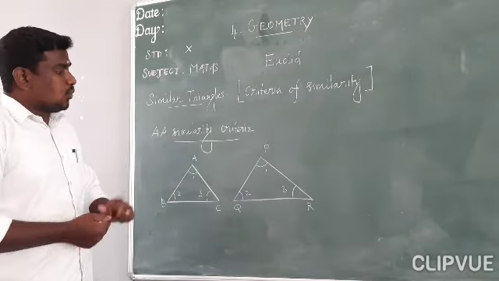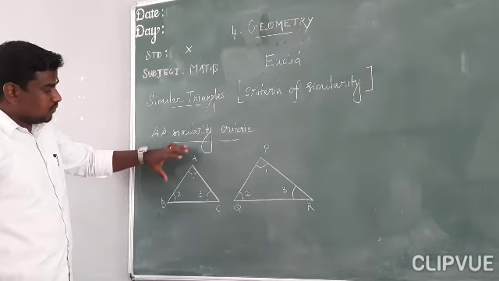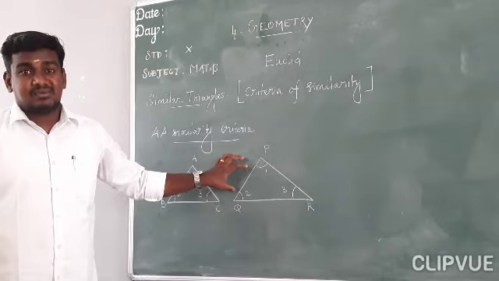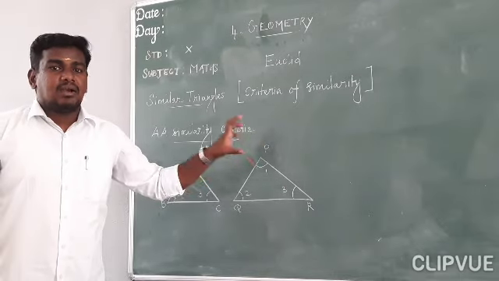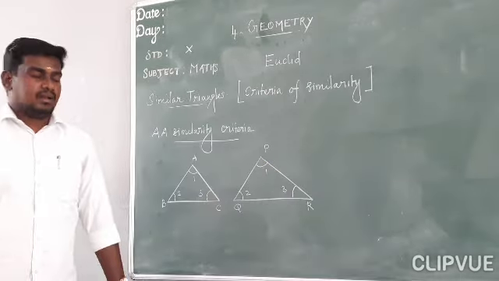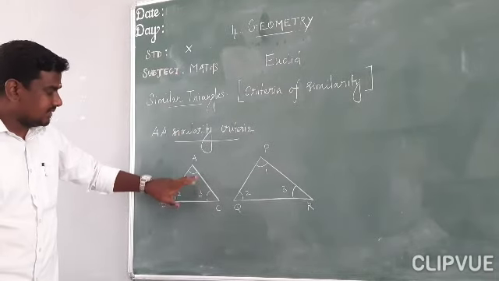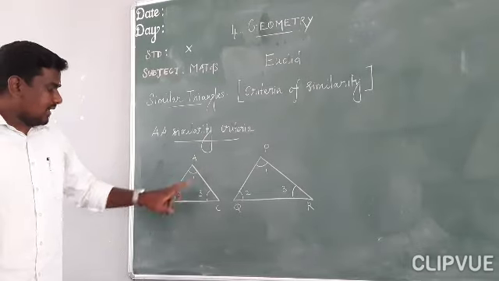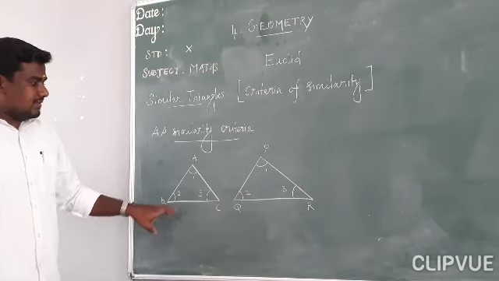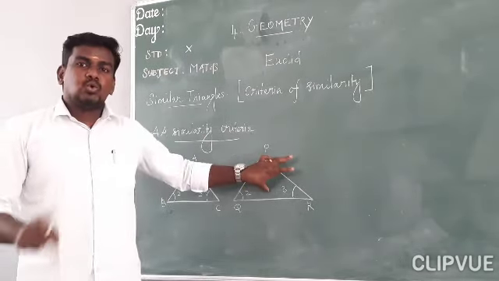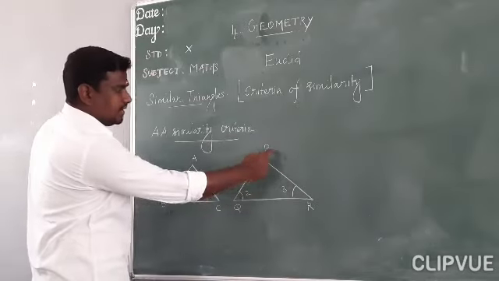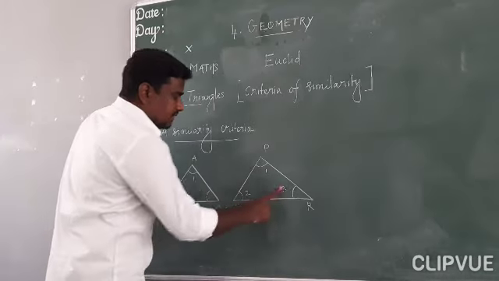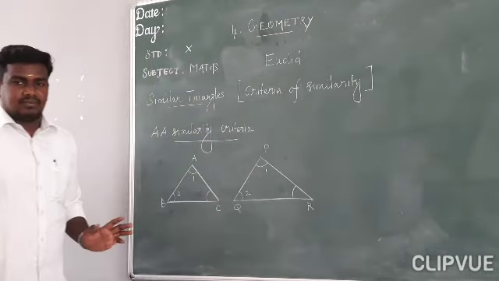If two angles of one triangle are respectively equal to the two angles of another triangle, then the two triangles are similar. In the first triangle ABC, I have taken the first two angles, A and B: angle A is 1, angle B is 2. They are respectively equal to the two angles of the other triangle: angle P equals 1, angle Q equals 2. Then the two triangles are similar.